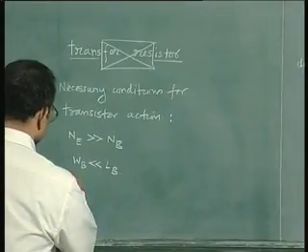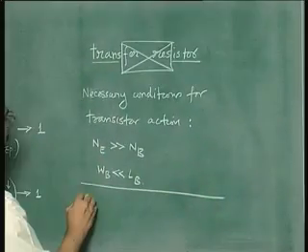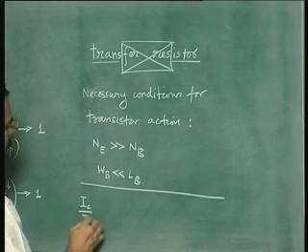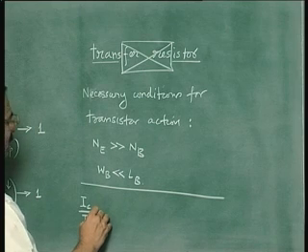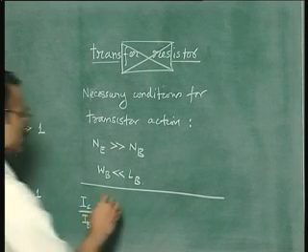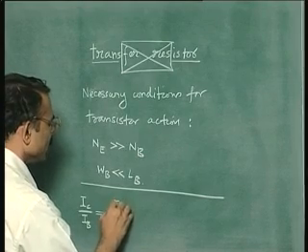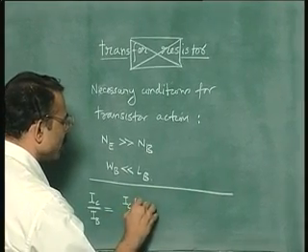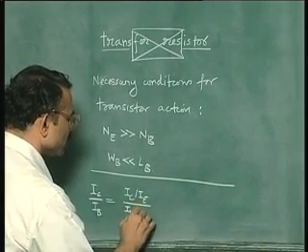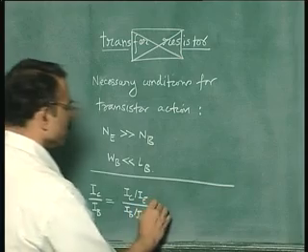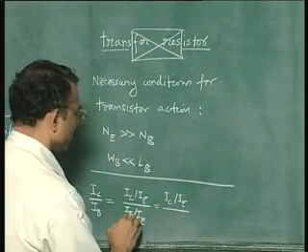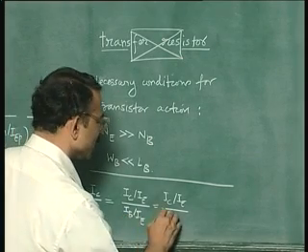So IC by IB, you can very easily see it can be written as IC upon IE, which is the alpha, by IB by IE, which is further written as IC by IE by IB is nothing but IE minus IC.